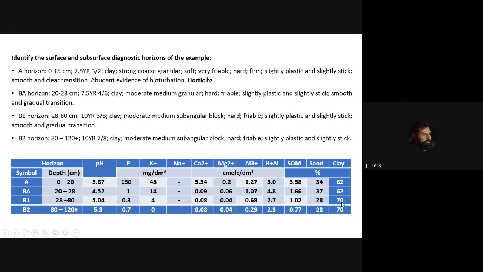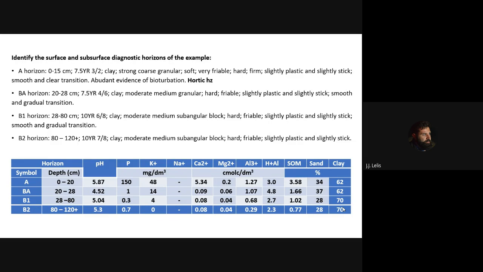We have 7% of clay in the B1 and B2 horizons, and the content of clay in the A horizon is 62. So we have a slight increase of clay, but we should know if the increase is high enough to identify our argillic horizon.